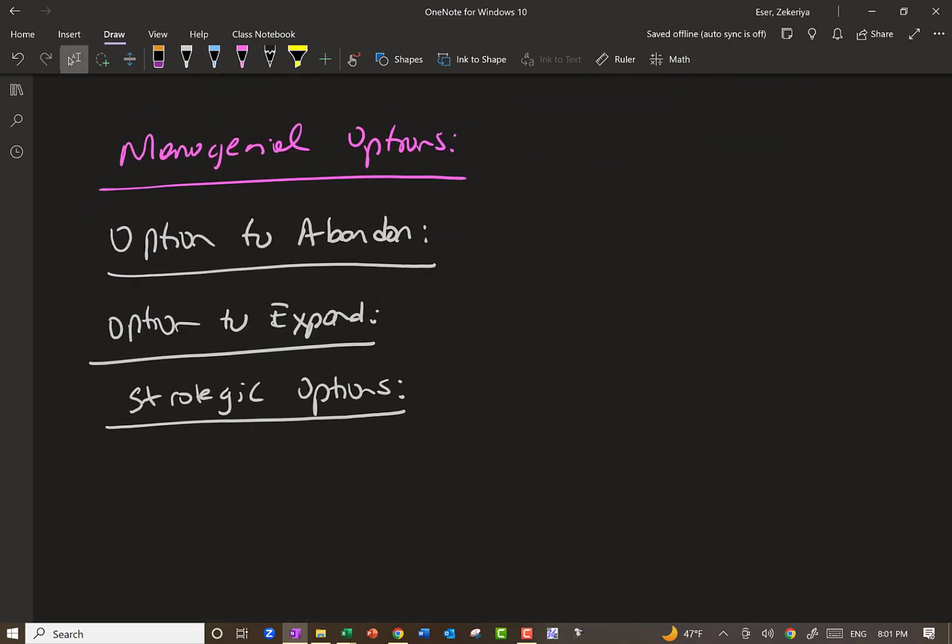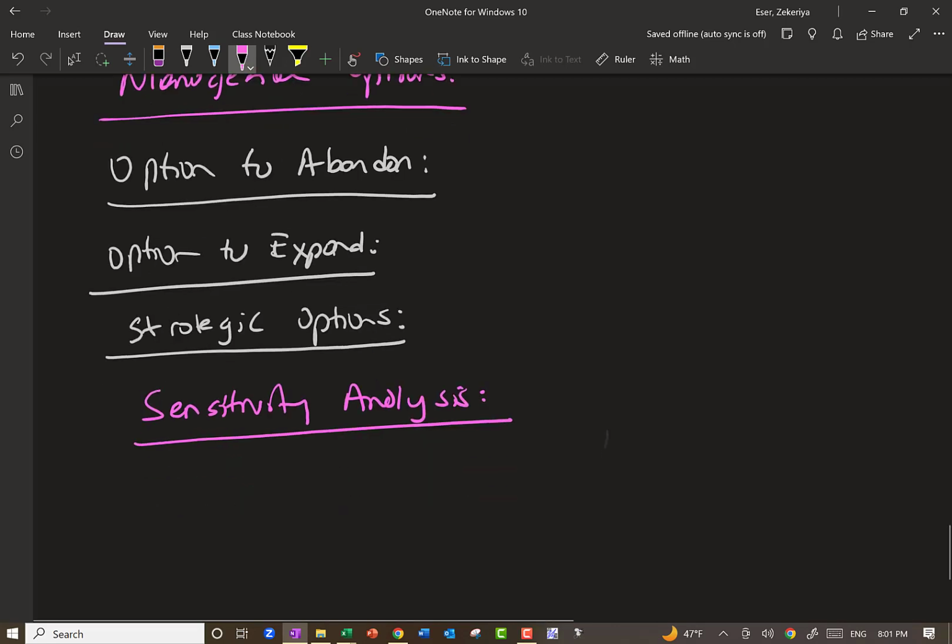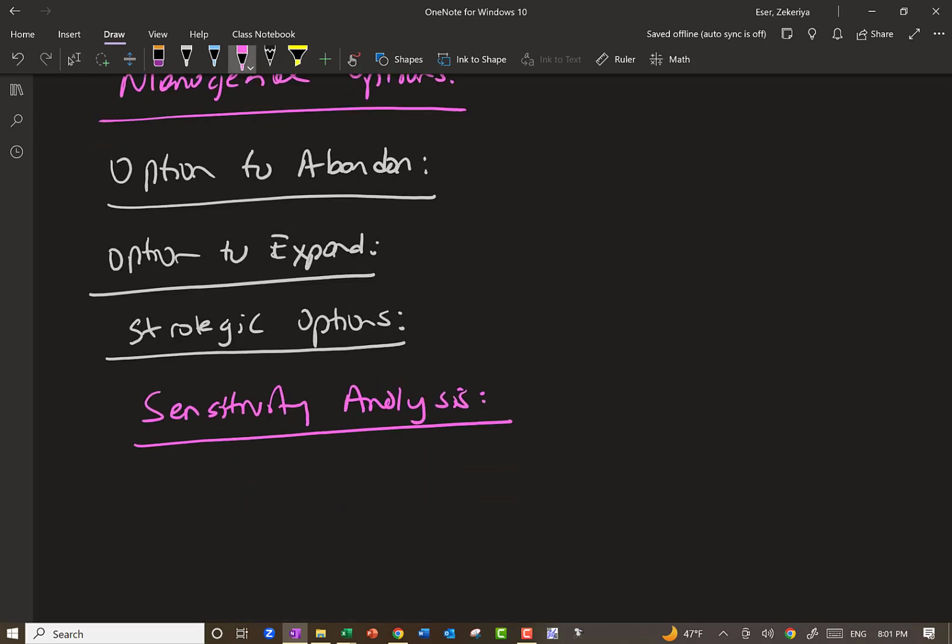We also do two simple analyses. One is called sensitivity analysis. This is done for each of the inputs. So you can ask the following question.